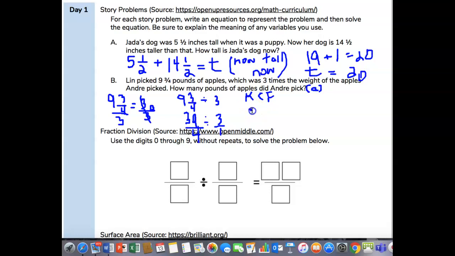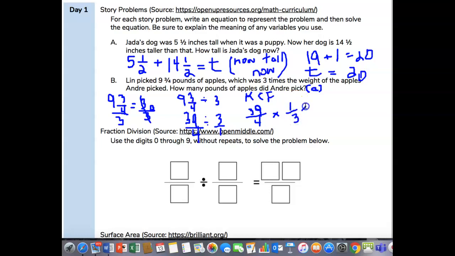So we're going to keep the first fraction, 39 over 4. Now we're going to change division to multiplication, and then we're going to flip this fraction, 1/3.